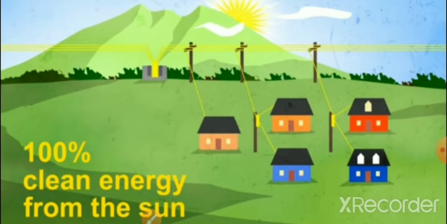Now, when we use this solar energy to generate electricity, it is not only cheap but also eco-friendly, because as you can see here, 100% clean energy is obtained from the sun. So we will see that electric energy can be generated in two ways.